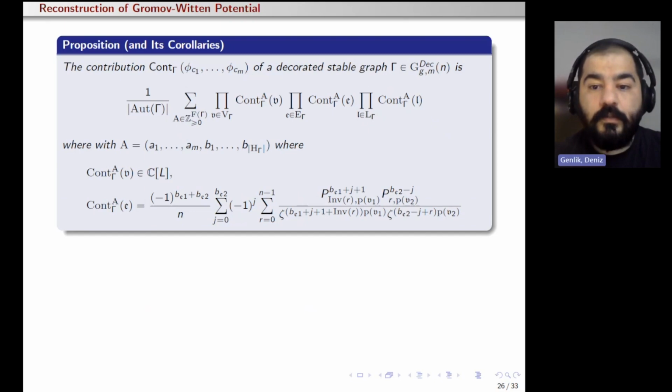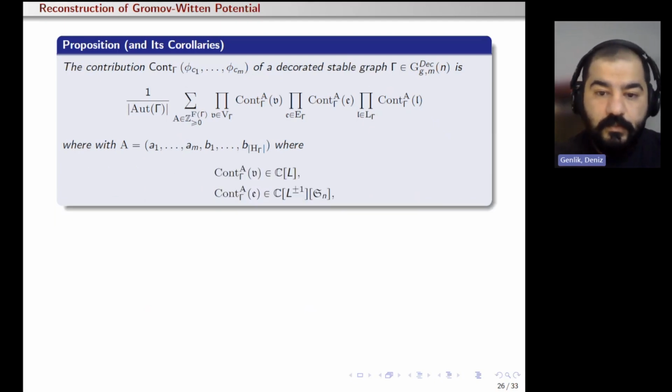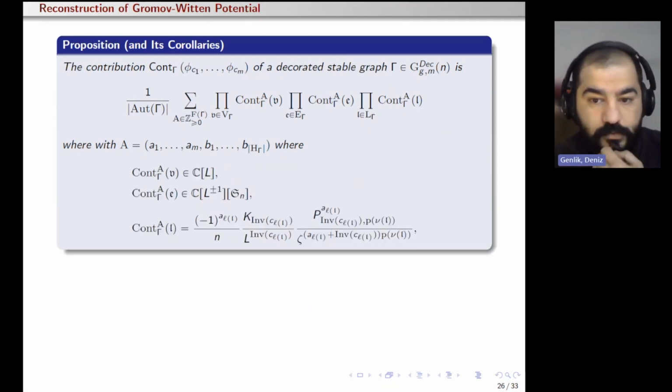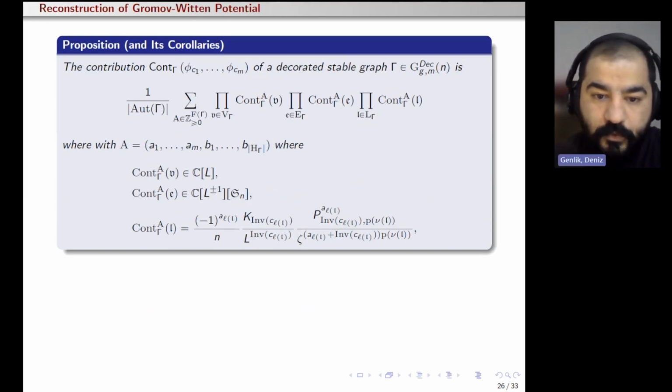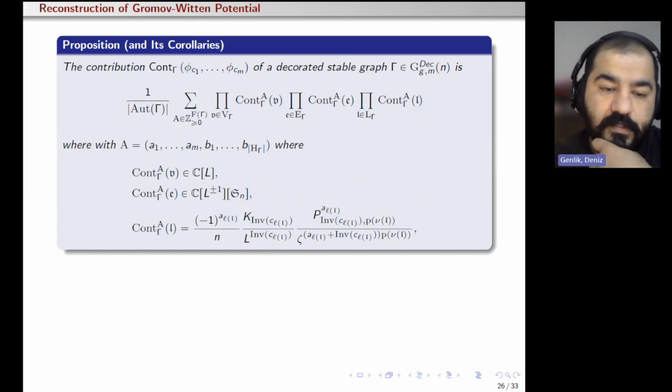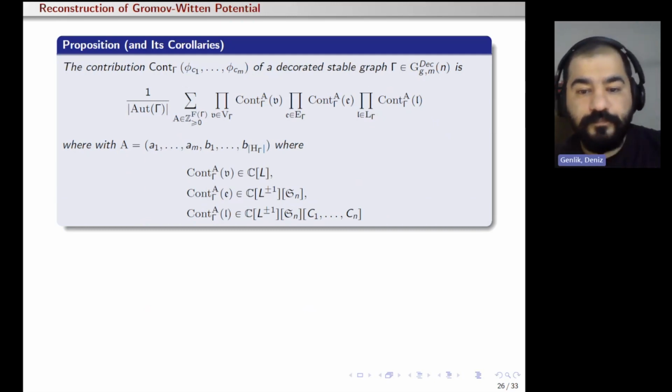So Pij's, we have the lift to the free algebra that we discussed, then their product has a lift there, right? So that means this edge contribution lies there. But when it comes to leg contribution, we have a single P, but these K's are in front, and K's were products of C's. But we don't know if C's are algebraically independent with A's, so we need to throw some more elements to make sure that nothing weird is going on.